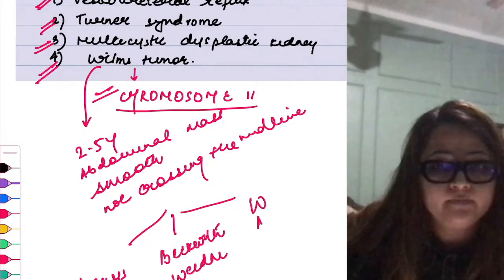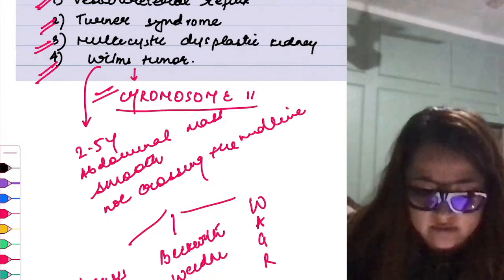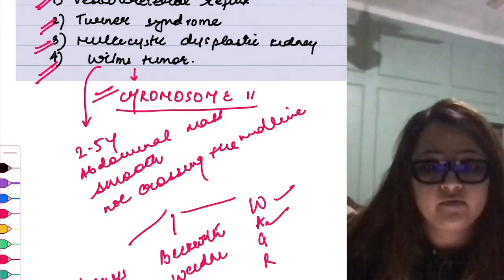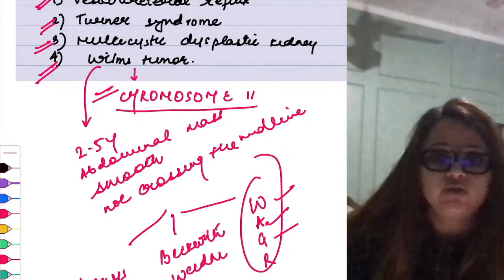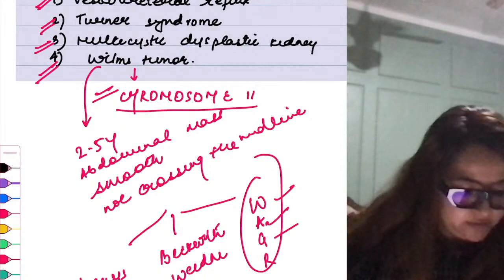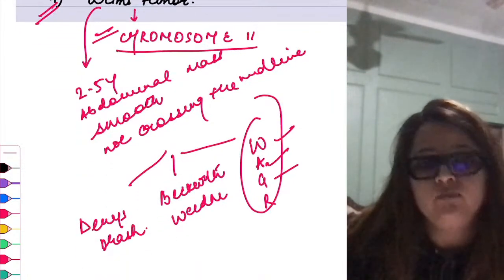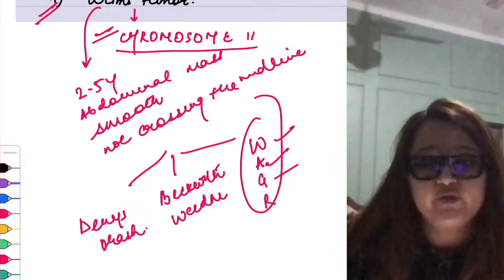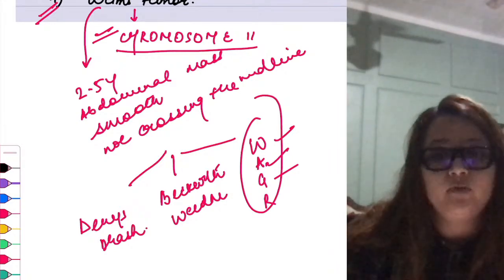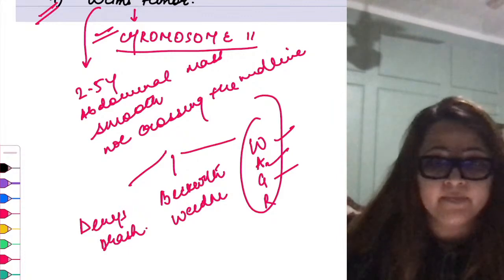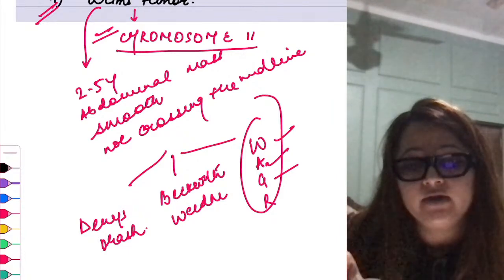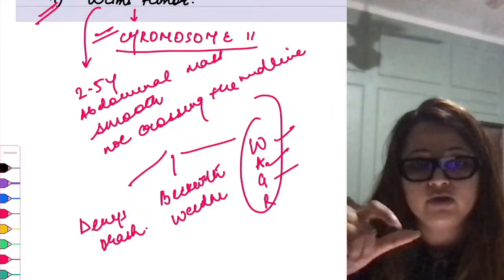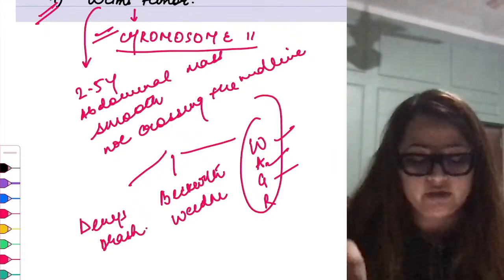Number 3 is WAGR: Wilms tumor, aniridia, that is absence of iris, genitourinary abnormalities and mental retardation. So these are the syndromic associations of Wilms tumor. Wilms tumor has a very important differential diagnosis, that is neuroblastoma, in which there could also be an abdominal mass, but that mass has irregular outlines and it crosses the midline. Children less than 2 years are most commonly affected in that.